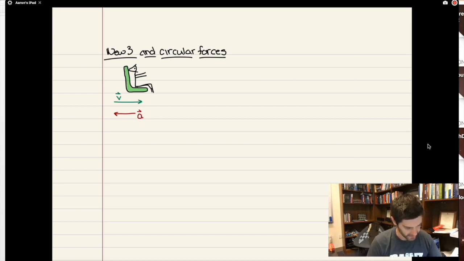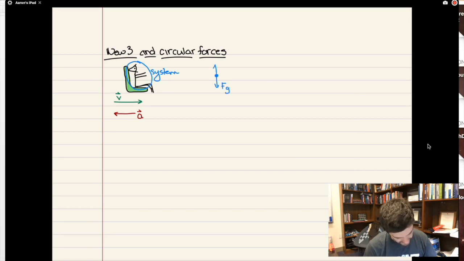Well, if I had to ask myself, I would say there's some force I'm in contact with. So if I define my system as myself, I'm, of course, weighing down on the seat. The seat is in contact with me, so it points back up. And if those were the only two forces, notice there's nothing in the horizontal direction.